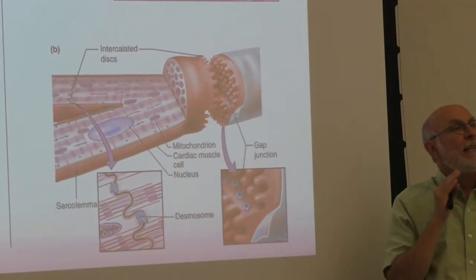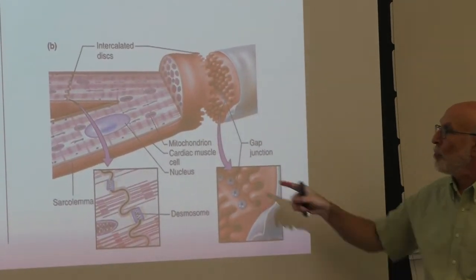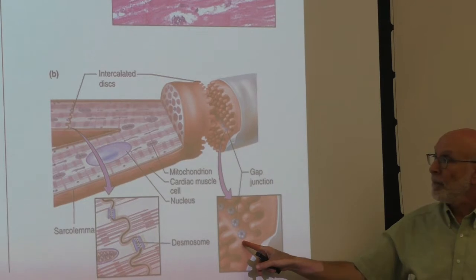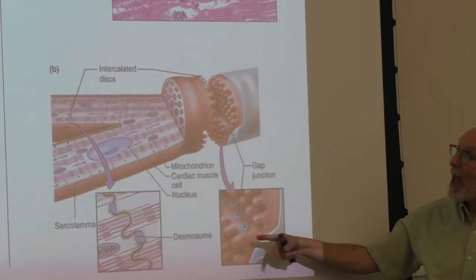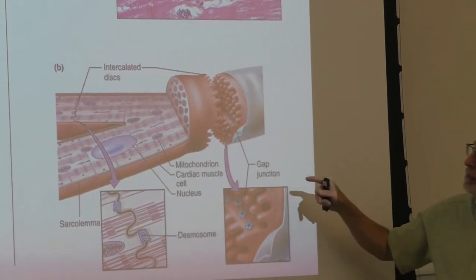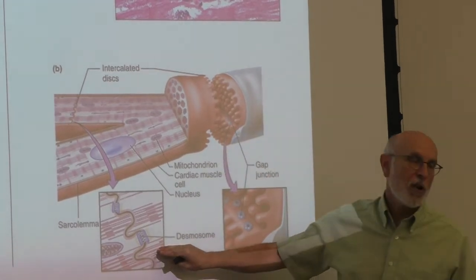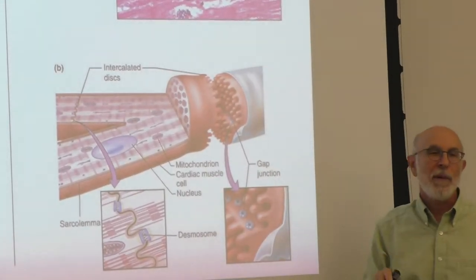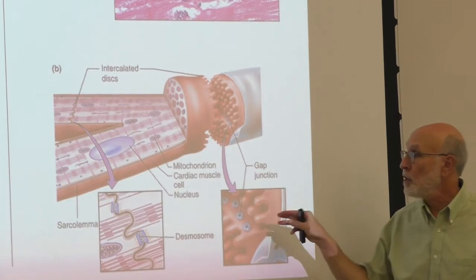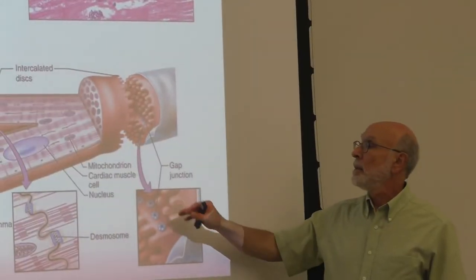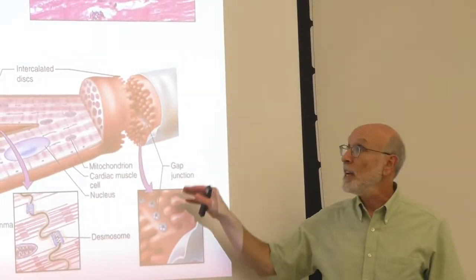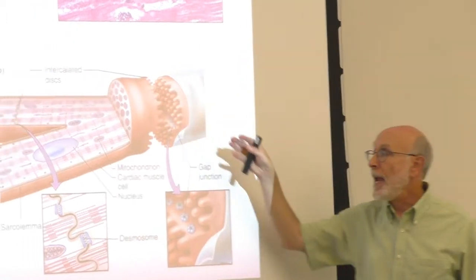And they are connected electronically through gap junctions. The intercalated discs have a substructure called the desmosome. I'm not going to make you memorize these names, but I do want you to know that cardiac muscle cells are connected physically and electrically.